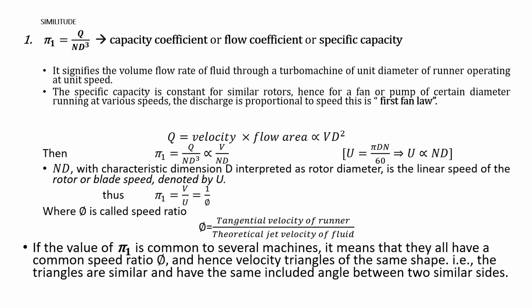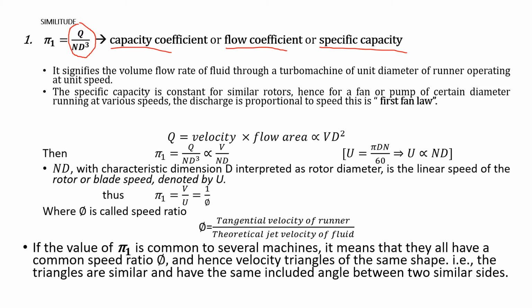Let us consider the first pi term, that is Q by ND cube. This Q by ND cube is called the capacity coefficient, flow coefficient, or specific capacity. Now what does this ratio indicate?